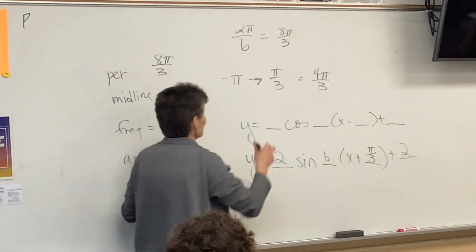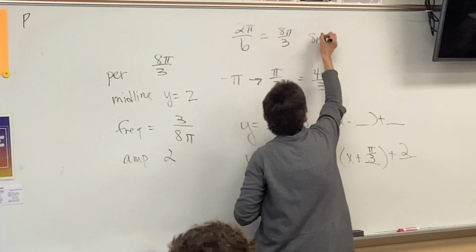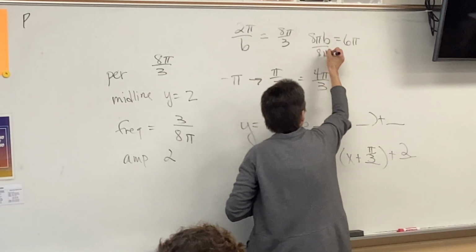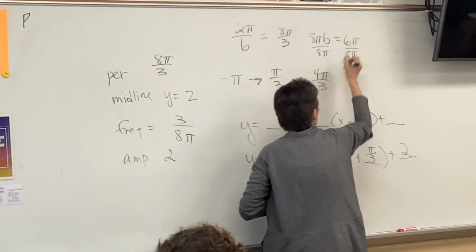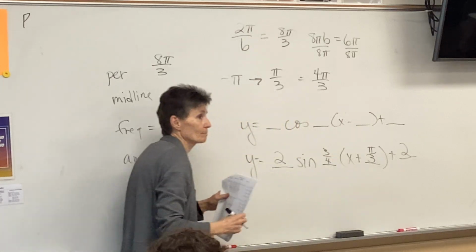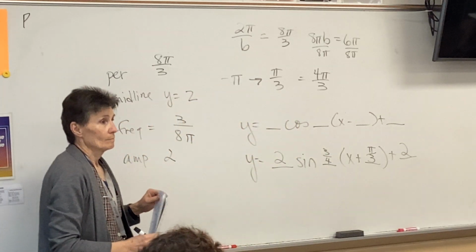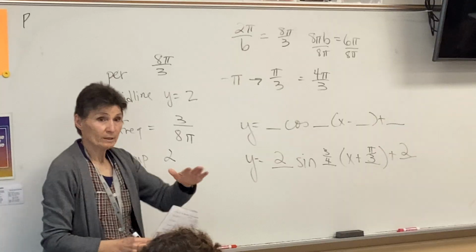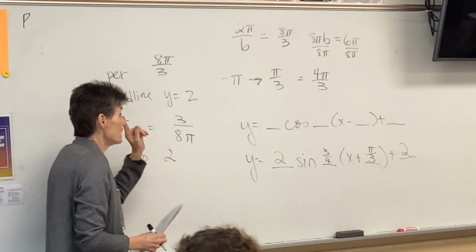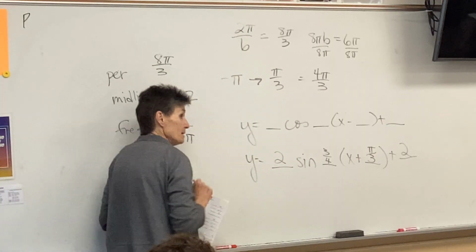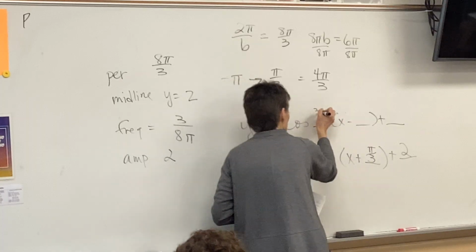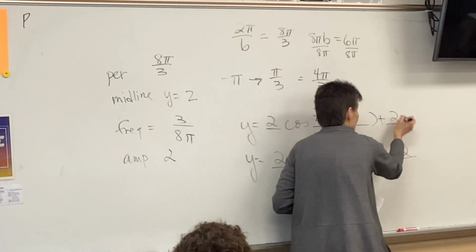So what does that something have to be? 8 pi b equals 6 pi. You get 3/4. Now, are we good here? You're going to have to do this, are you? You got it. Okay. Now, the cosine equation will have a 2 here, a 3/4 here, and a 2 here.